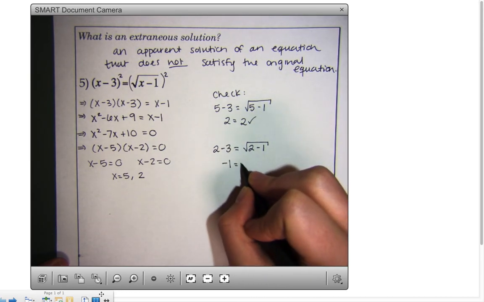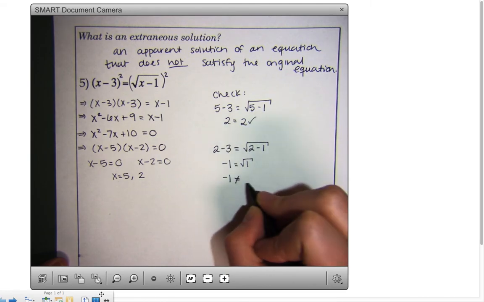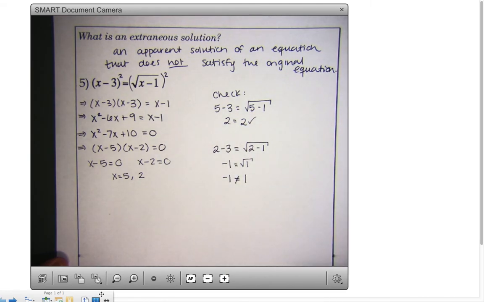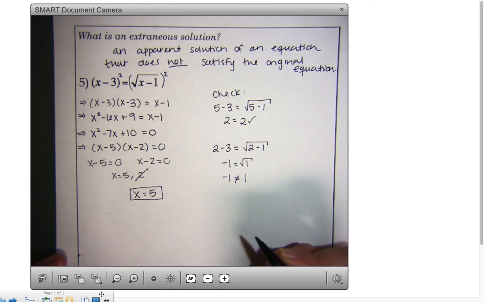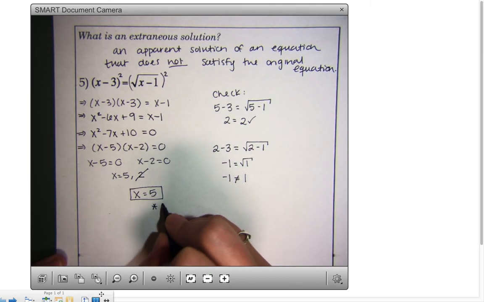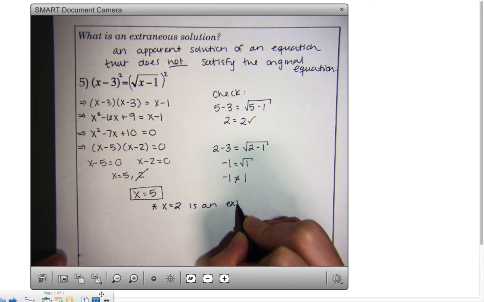That's negative 1. The square root of 1 is 1. Negative 1 does not equal 1. So that means 2 is not a solution. The only solution here that works is x equals 5. We can say that x equals 2 is an extraneous solution.